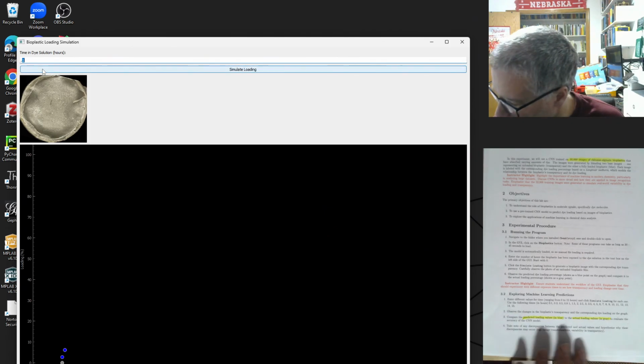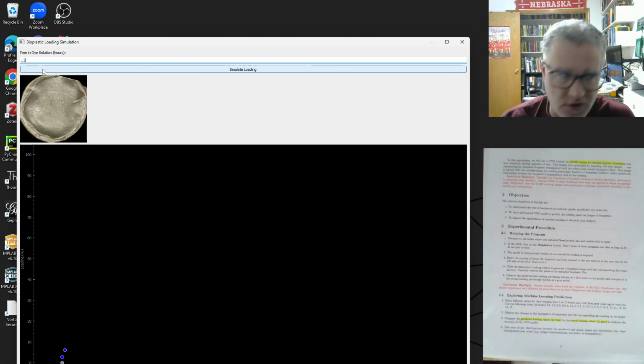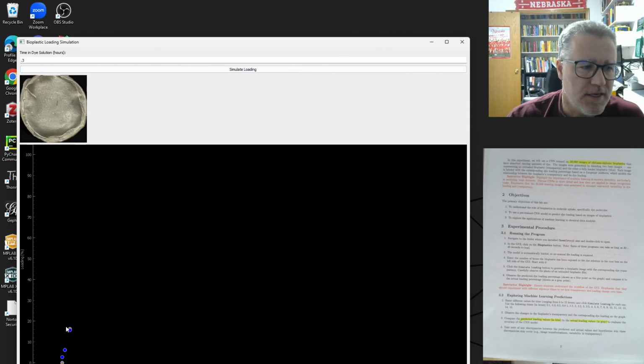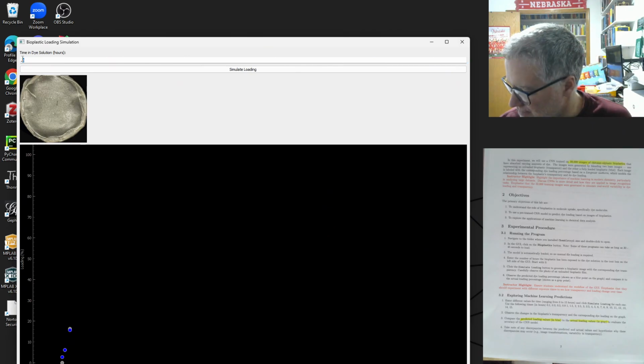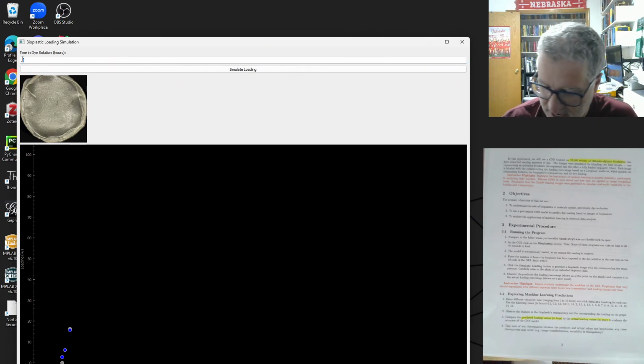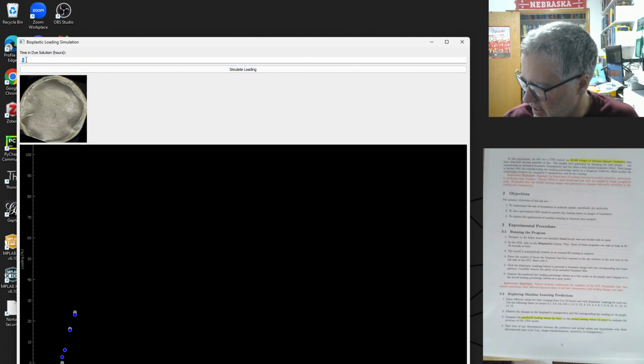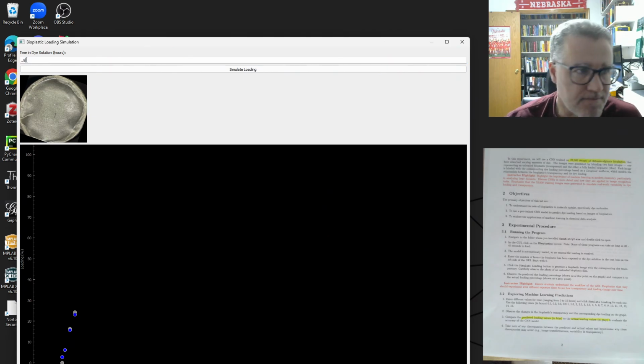Let's see. I'll just follow what we're told to do here. So 0.3, whoops, 0.3. Again, we're starting to see the real is gray and the guess by the computer is blue. 0.5. And I'll just do a few more here quickly. 0.8.